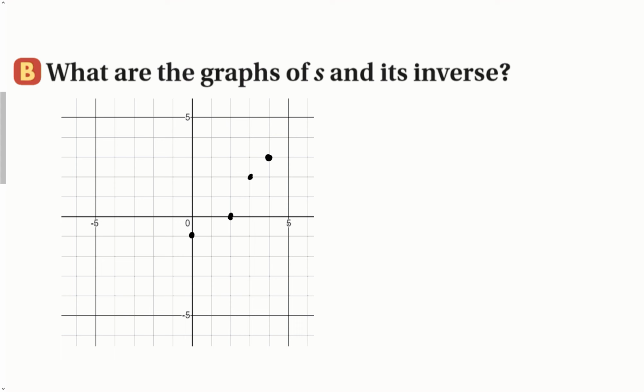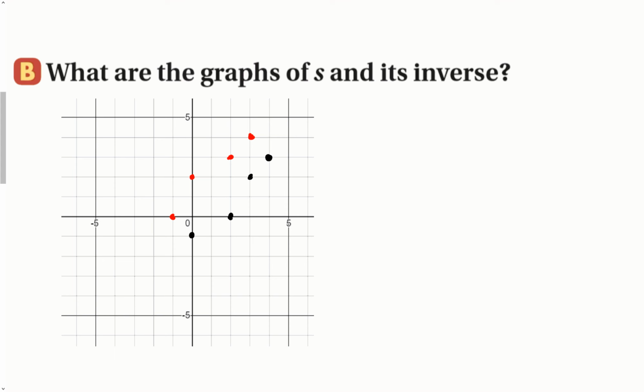Let's switch over to red here, and now let's graph the inverse of the relation. Instead of 0, -1, we have -1, 0. Instead of 2, 0, I would go 0, 2. Instead of 3, 2, I would graph 2, 3. And instead of 4, 3, I now have 3, 4.